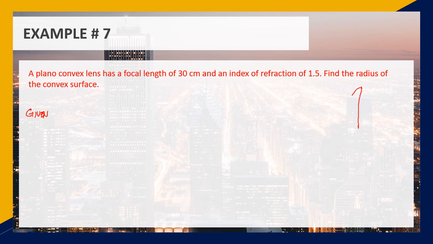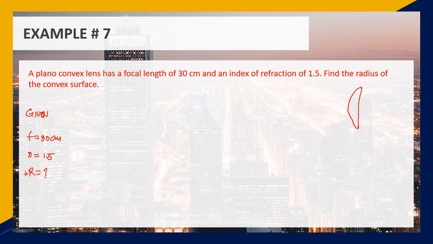Ani na siya. One side flat, ang other side is convex nga lens. Given, focal length nga 30 centimeters, then an index of refraction n nga 1.5. Unsa atong ipangita? Radius of the convex surface. So radius sa convex is positive, di ba?